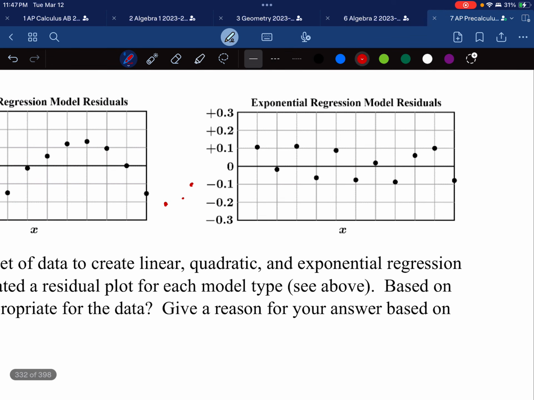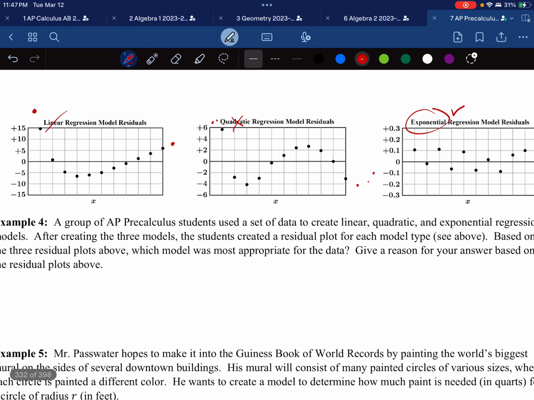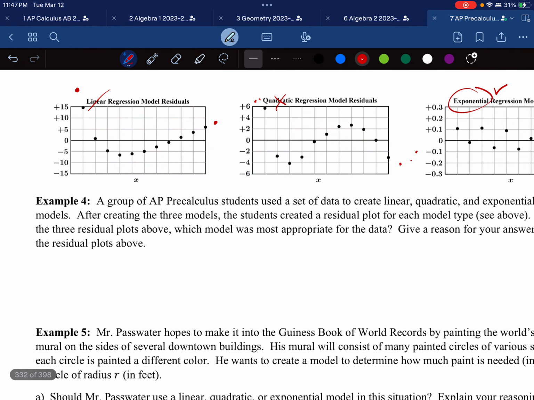Over here for the exponential regression, I don't know. I know that it's somewhere in that region. It could be up there. It could be down there. I don't know where it's going to be. Therefore, that one has no pattern, which means that's the good one. That's the one that we actually want. The exponential regression model is the one that we want. So we'll say, based on the 3 above, exponential was most appropriate.